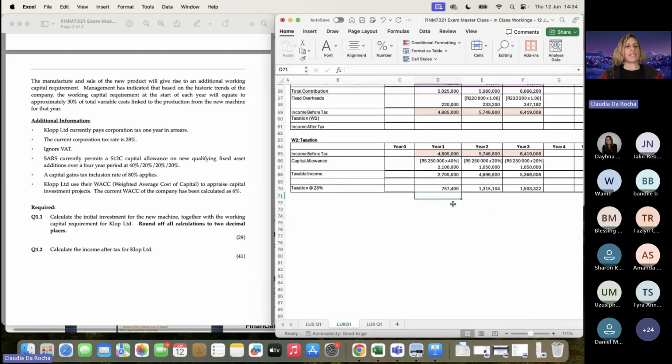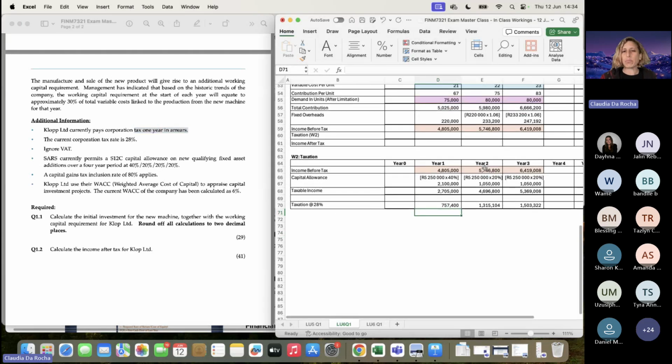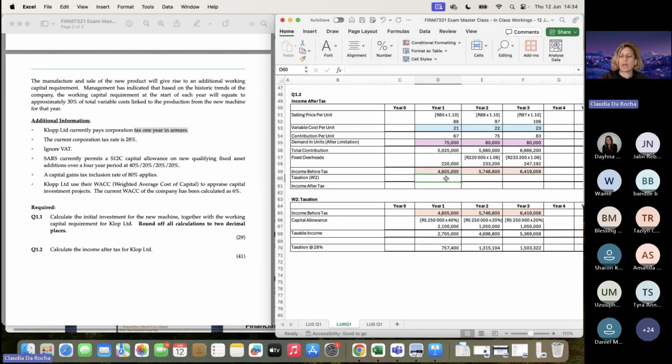Okay, now because they said to us that our tax is paid 1 year arrears, it means that when we calculate our income after tax, we have to factor that into account. So although this tax amount is for year 1, it's only paid in the next year. So this is 0 here. Okay. In year 2, we will pay that tax.